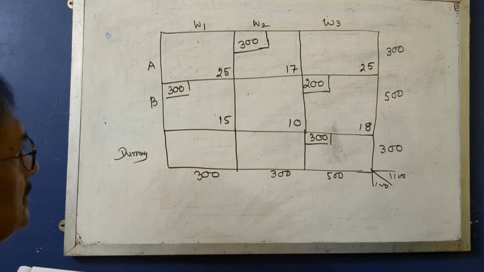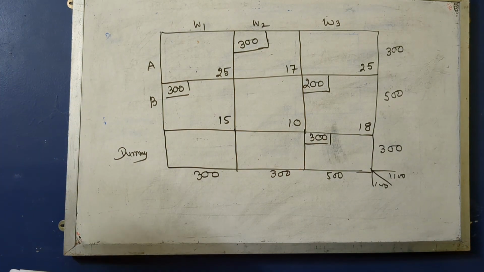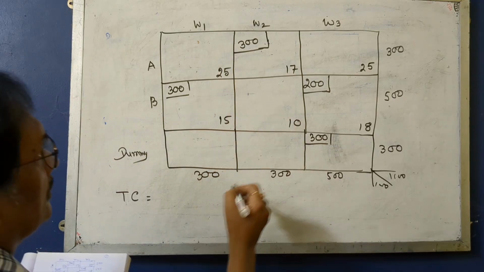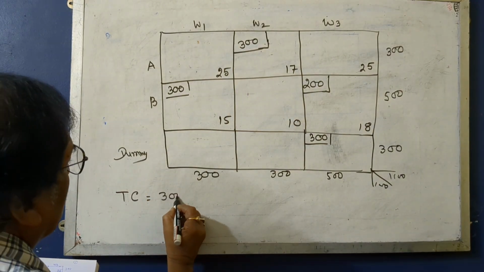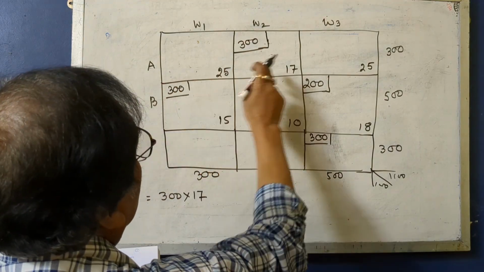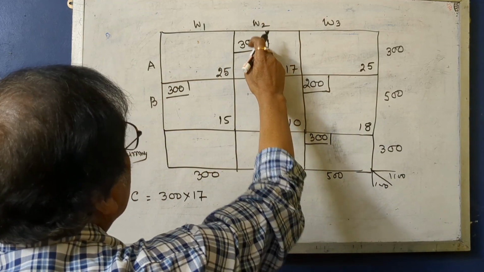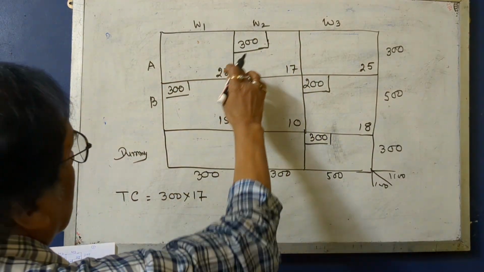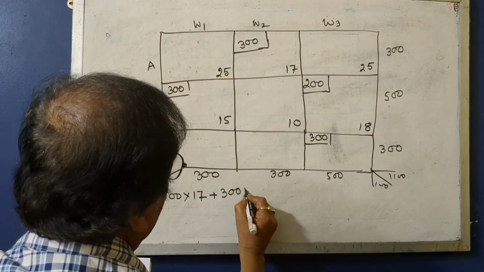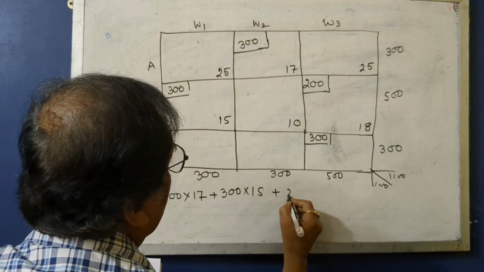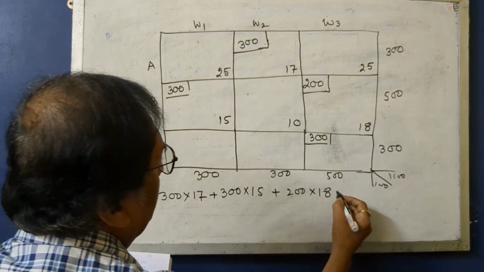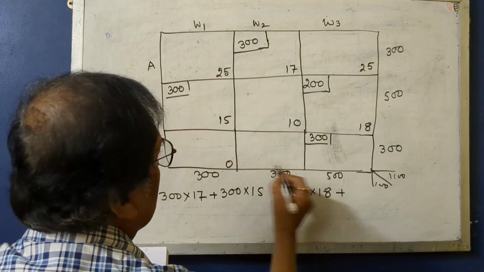And this is the basic feasible solution which is found out by the hand method. The total cost for the basic feasible solution will be 300 into 17, the per unit transportation cost from this source to this warehouse is 17 and 300 units you are going to shift. That's why this is the cost, plus 300 into 15, plus 200 into 18, plus 300 into 0.